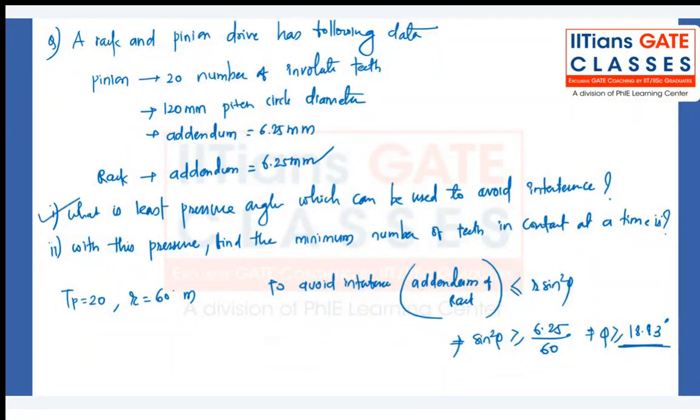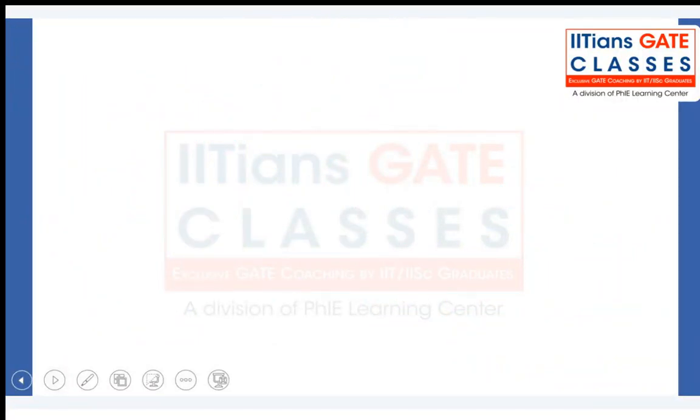Okay, 18.83 for this. Second, with this pressure angle, find the minimum number of teeth in contact. To calculate the minimum number of teeth, you need basically the contact ratio. Contact ratio tells you the minimum number of teeth in contact.